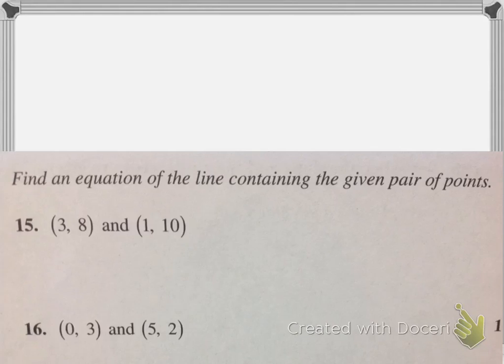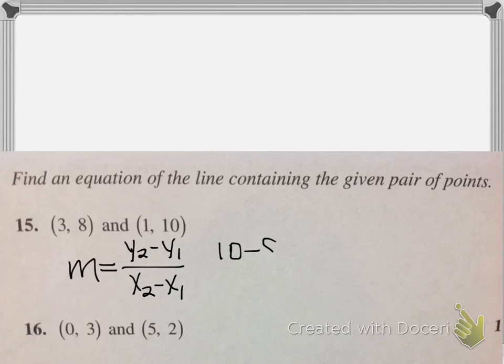We need slope. So I'm going to have to find the slope. And remember, that formula is you subtract your y's on the top and you subtract your x's on the bottom. So my y's are 10 and 8, so if I go 10 minus 8, then I have to go 1 minus 3. So that's going to give me 2 over negative 2, which gives me negative 1.